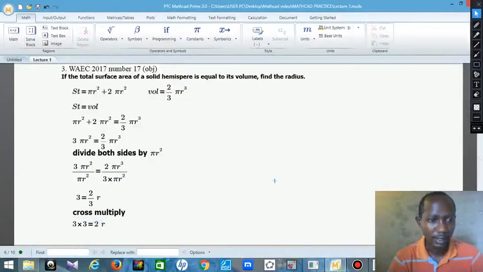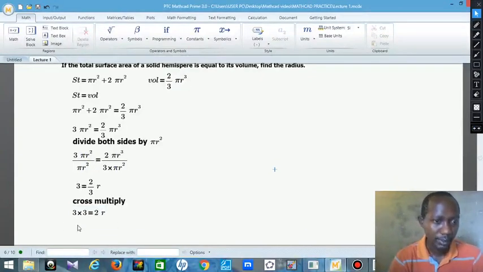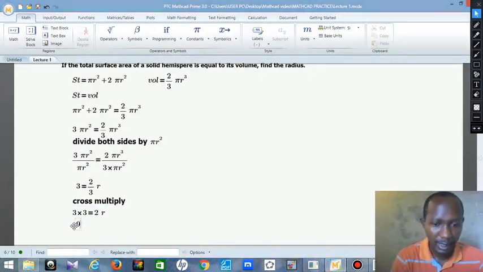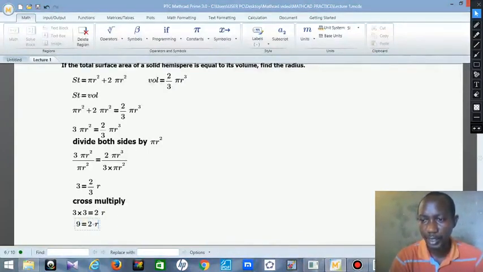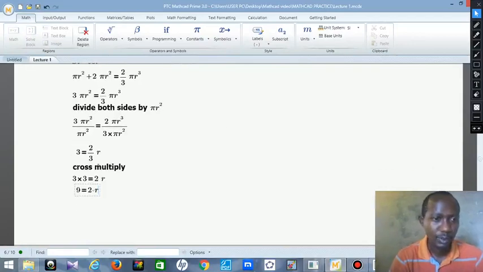Let's come down a little. So 3 times 3, we know the answer is 9. So 9 is equal to 2r. And you divide both sides by 2.